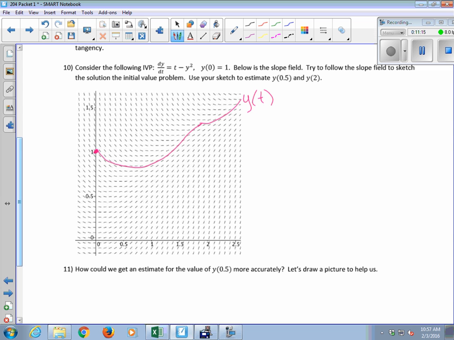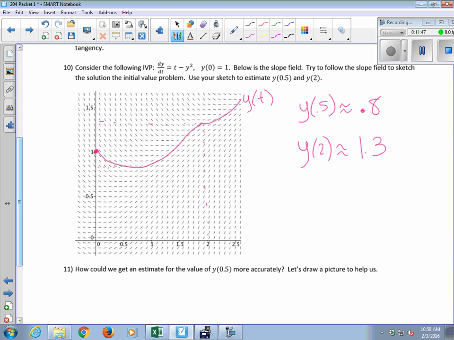I don't have a formula for it, but I could try to use my picture to estimate y of 0.5. So y of 0.5 looks like, I don't know, about 0.8. And y of 2, 1.3, something like that.